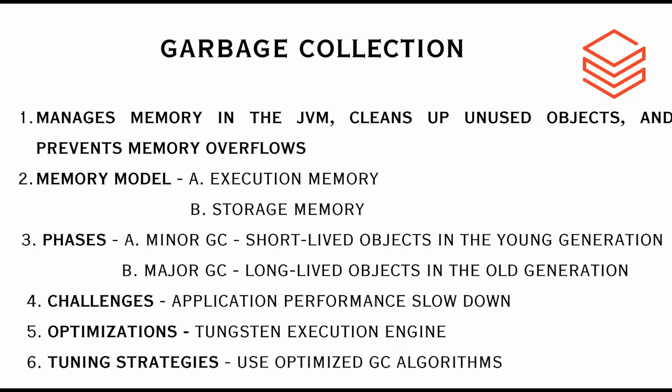Effective GC depends on careful tuning strategies, such as using optimized GC algorithms like G1 GC, adjusting heap memory regions, or enabling off-heap memory, which can significantly improve the performance.